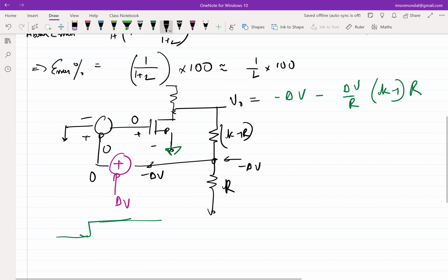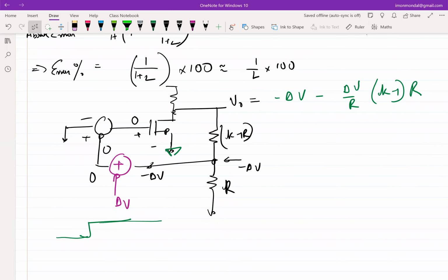Okay, fine. Sometimes when you are seeing it for the first time, it's slightly difficult to wrap your head around it. The way I would like to think about it is that you can do this analysis two ways. One is you assume that it's an ideal negative feedback loop.